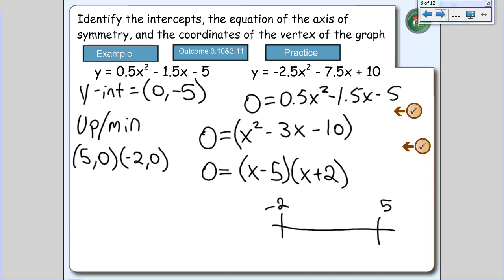Negative 1, 4. 0, 3. 1, 2. What's between 1 and 2? 1.5. So your axis of symmetry would be at x equals 1.5. It's halfway between these 2 points.